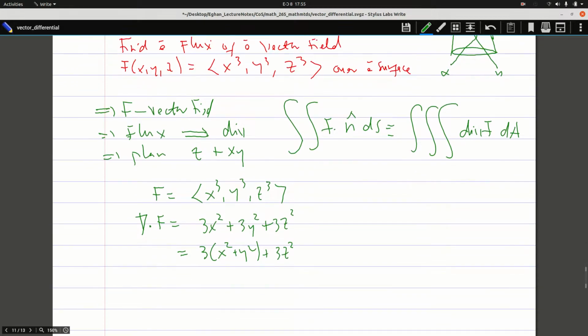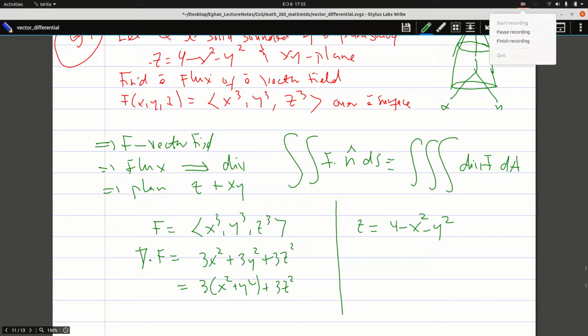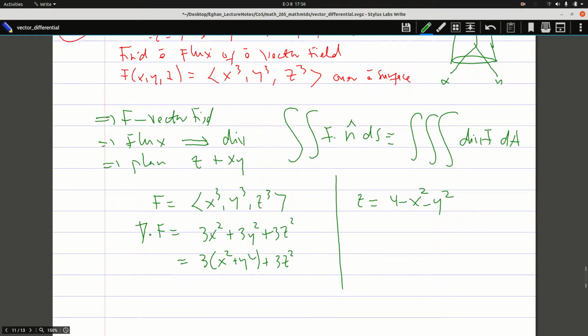Now my z is given as 4 minus x squared minus y squared. Because it's 3D, I need my dV to be something like dx dy dz. So I need to find a coordinate system.